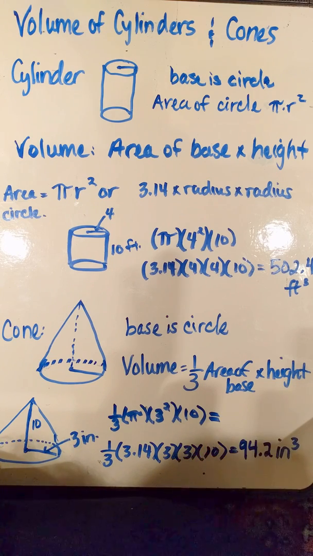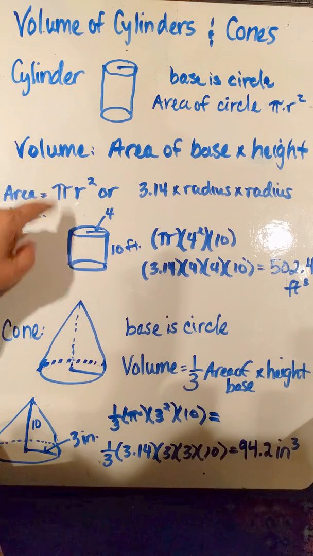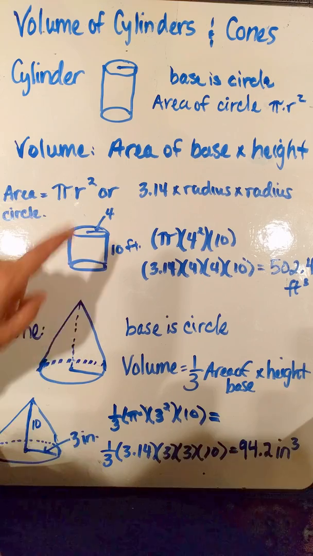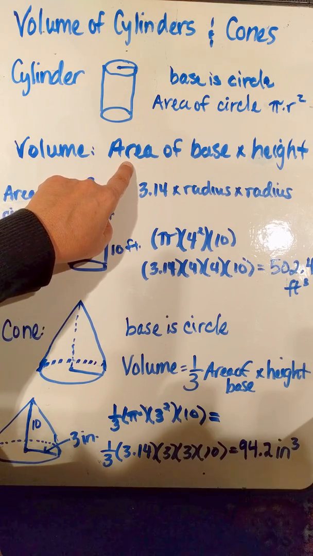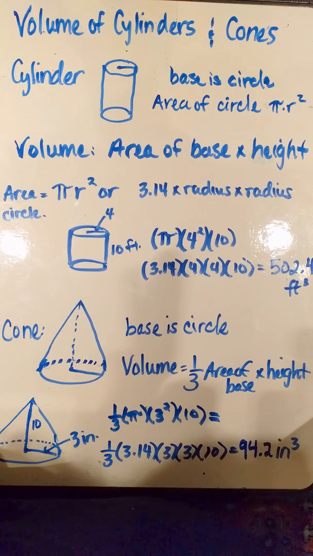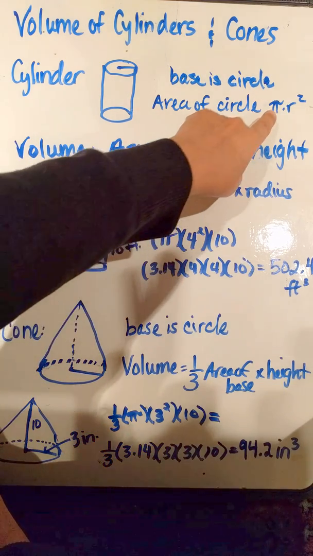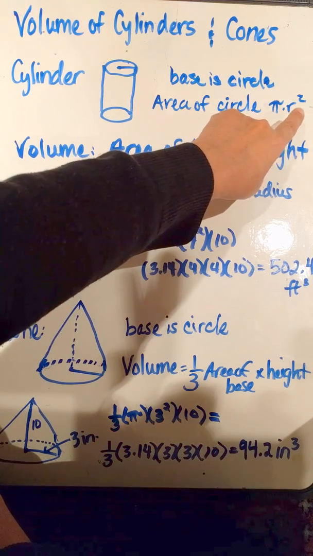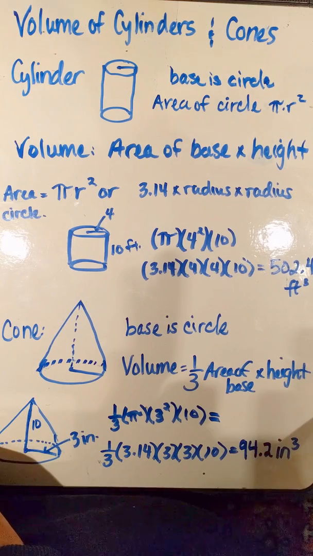So the way you find the volume of a cylinder is similar to volume of prisms, which is just the area of the base times the height. So the base of cylinders are circles. And if you recall, the area of a circle is pi times radius squared, or pi r squared.